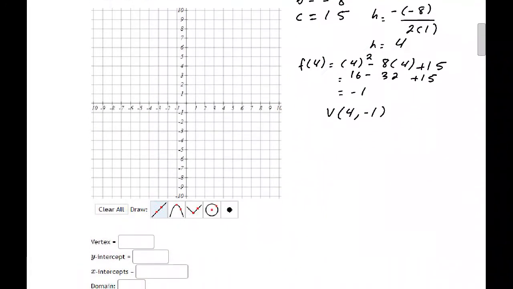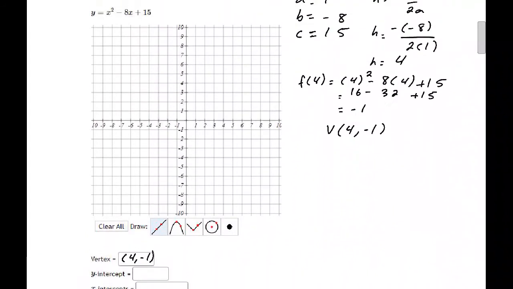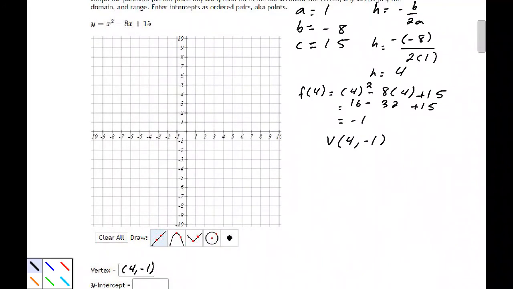I'm going to go down to my blanks and write the point (4, -1) in parentheses, my vertex. And I'm also going to plot that point on my grid. So I'm going to go 4 on the x-axis, 4 to the right, and down 1 in the y direction. So at the point (4, -1), I have my vertex.